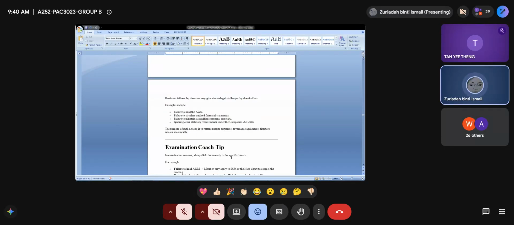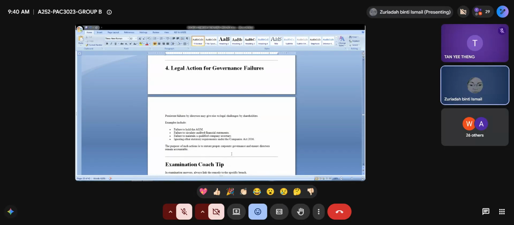Number 4 is legal action. This is among the failures by directors that may give rise to legal action because of governance failure.